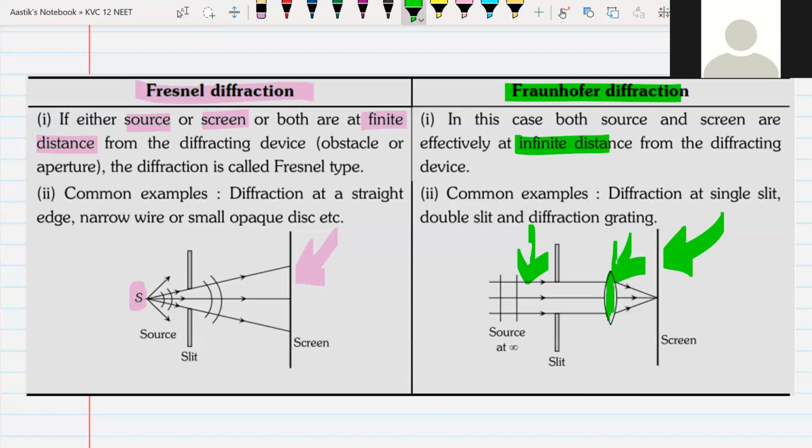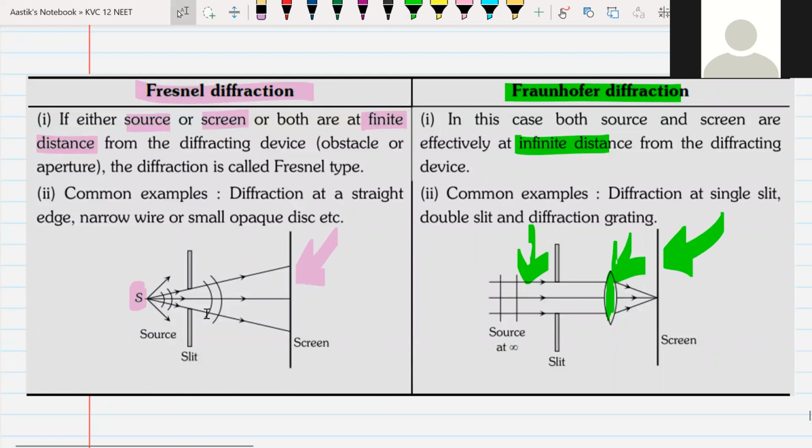Okay. So what we were dealing with is Fresnel diffraction and Fraunhofer diffraction, the two types of diffraction. Now, as soon as we understand the two types of diffraction, we can see how this diffraction happens, and this diffraction happens with a single slit.